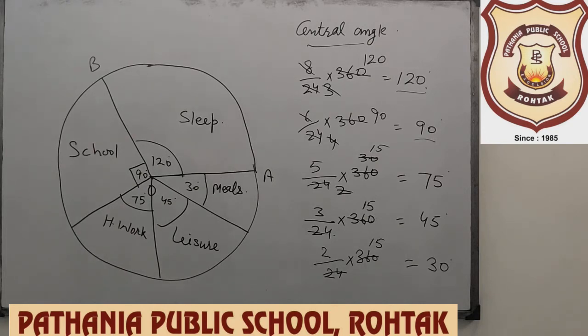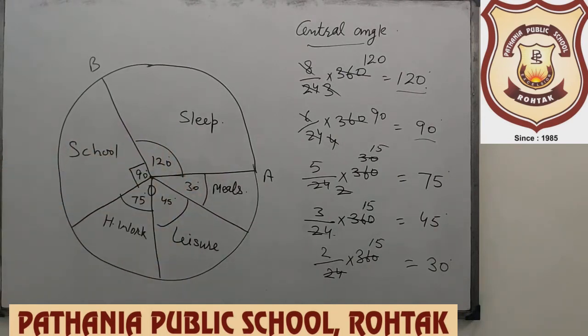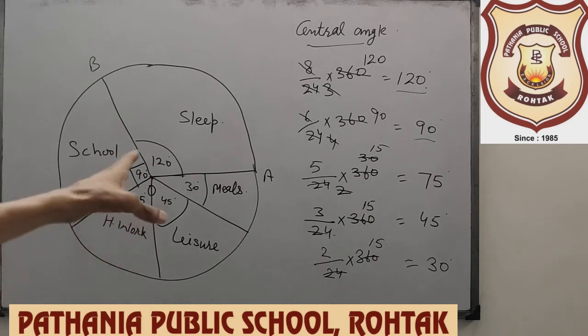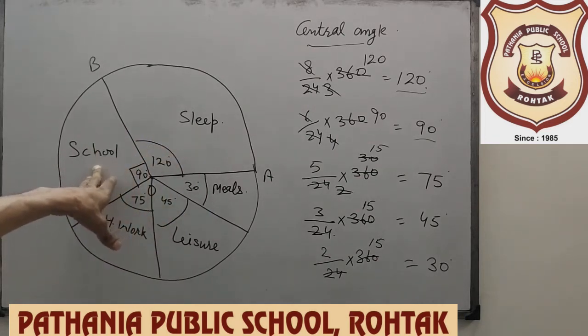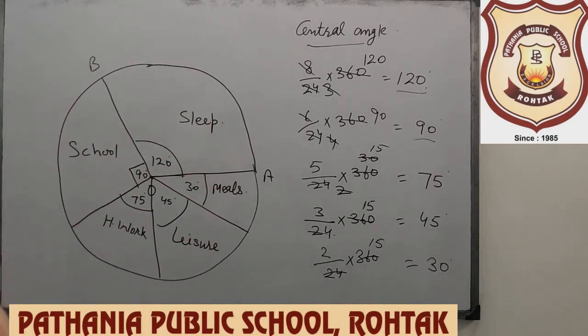So how will you answer, beta? You have to find the time spent in each part. How much more time is used in sleeping than school? What is the difference of time used in leisure and school? And what fraction of time is used in school, like 90 by 360. So how can we find that? Listen.